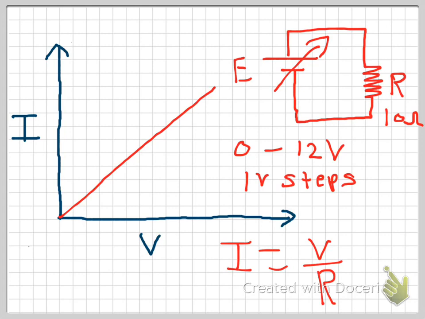Obviously at 0 volts, the current is going to be 0. I want you to increase the battery voltage 1 volt at a time, calculate the current based on the fixed 10 ohm resistor, and plot it for each of the steps. I want you to prove to yourself that this is a linear relationship. Don't just take my word for it. Go do the homework, and you'd be better off for doing it. Okay, all right, next.